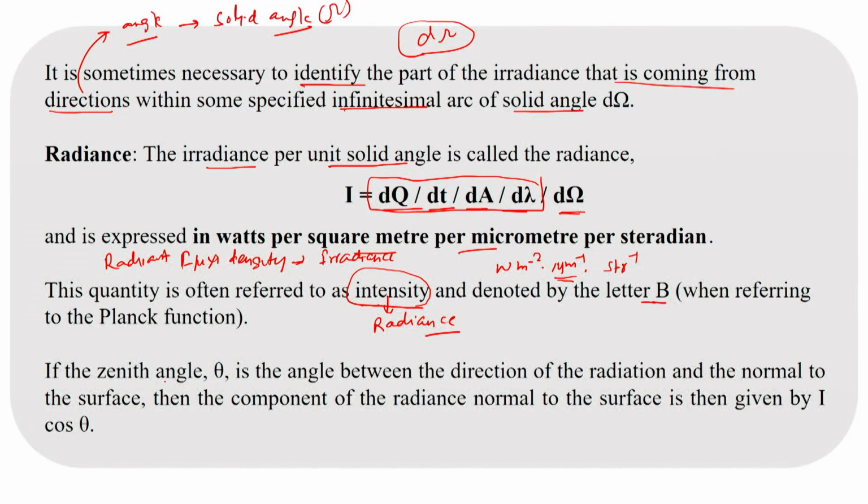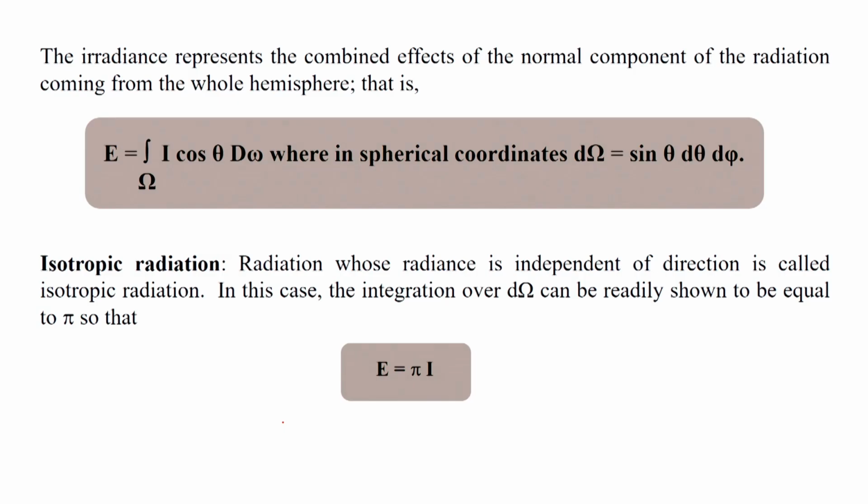If the zenith angle theta is the angle between the direction of the radiation and the normal to the surface, then the component of radiance normal to the surface is given by I cos theta. You can just remember I talked about the solar zenith angle and other things. So in that case, you have to integrate.